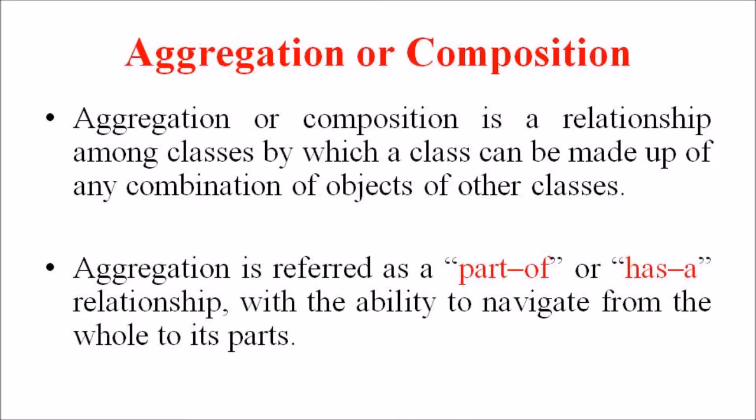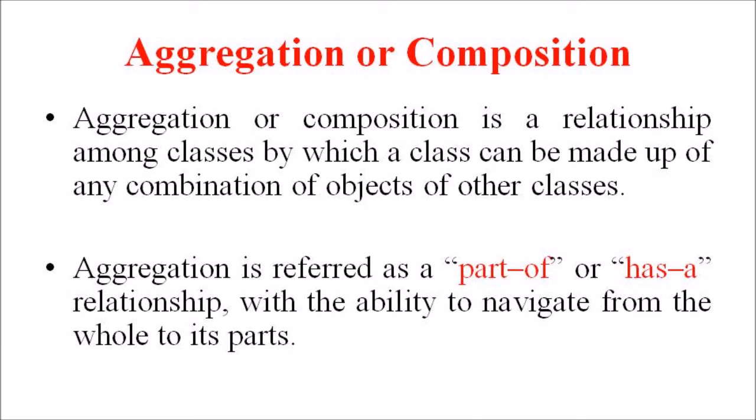When it comes to aggregation or composition, aggregation or composition is a relationship among classes by which a class can be made up of any combination of objects of other classes. It allows objects to be placed directly within the body of other classes.